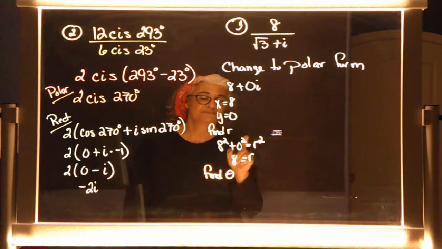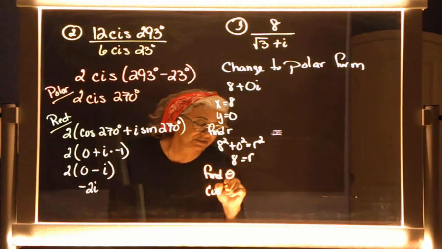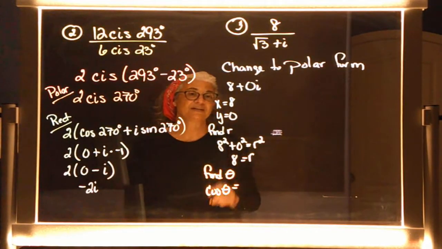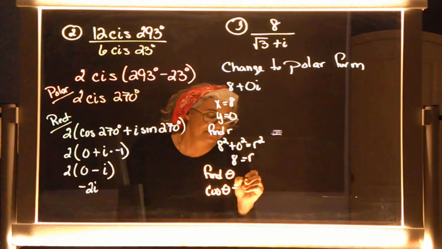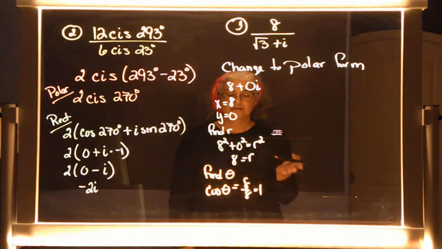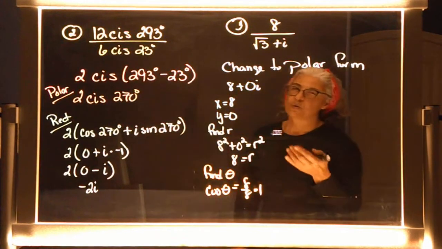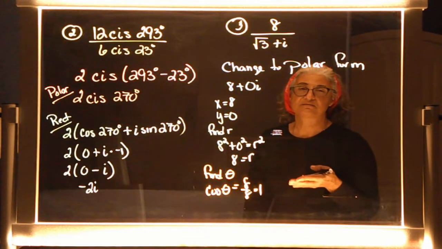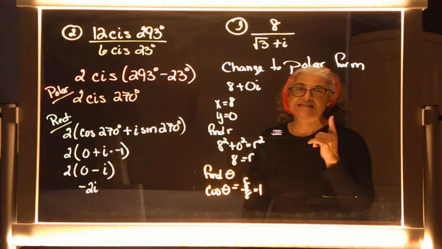Like I said, I always take the cosine. So the cosine of theta would be 8 over 8, which is 1, isn't it? Well, where's my cosine 1? Aha! 0 degrees.